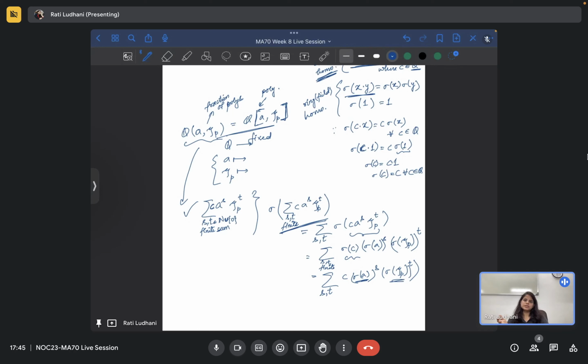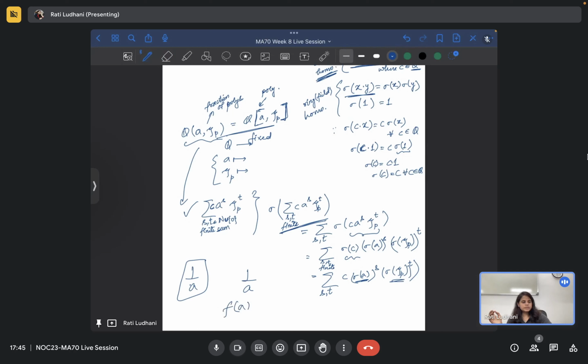If it is algebraic, why this happens is, if you remember, what does this look like? What is 1 by a? We know a raised to power something. Since a is algebraic, you will have some polynomial corresponding to it.